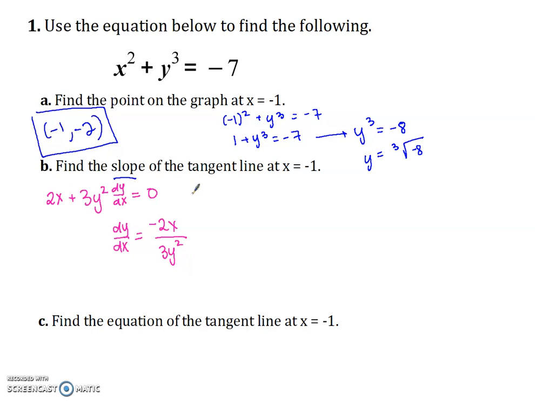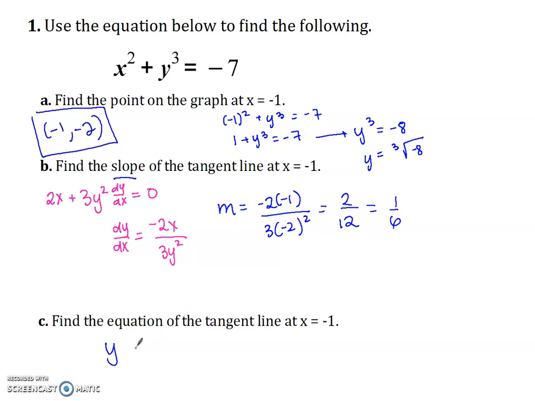Now to find my slope, I can plug in -1 for x, -2 for y. So m will be -2 times x, so -1, over 3 times -2 squared. So that'll give me +2 on top. That'll give me 4 for the -2 squared, times 3 is 12, and that'll reduce to 1/6.